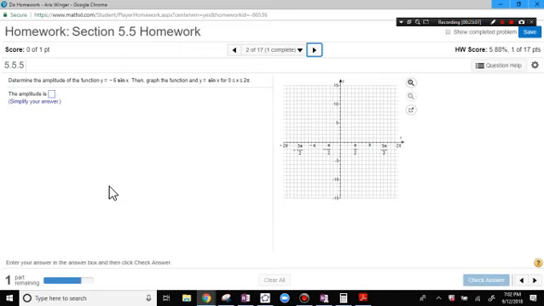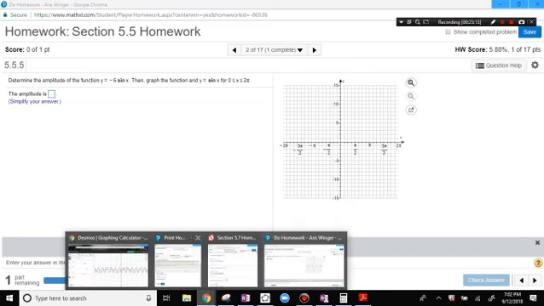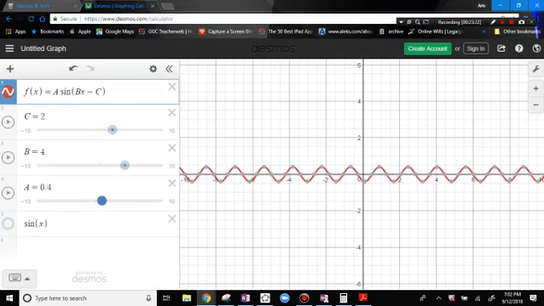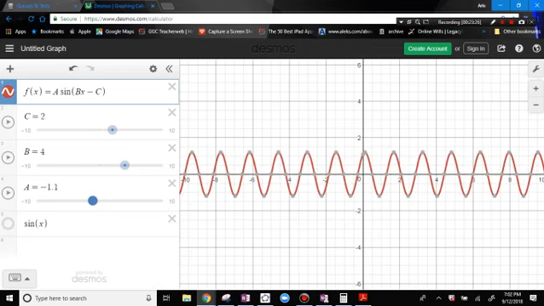Negative 6 sine x. We didn't talk about this negative sign, but we can see what happens when we put a minus sign on the outside. Let's turn this one off. When we move this to minus 1, it flips over the x-axis.